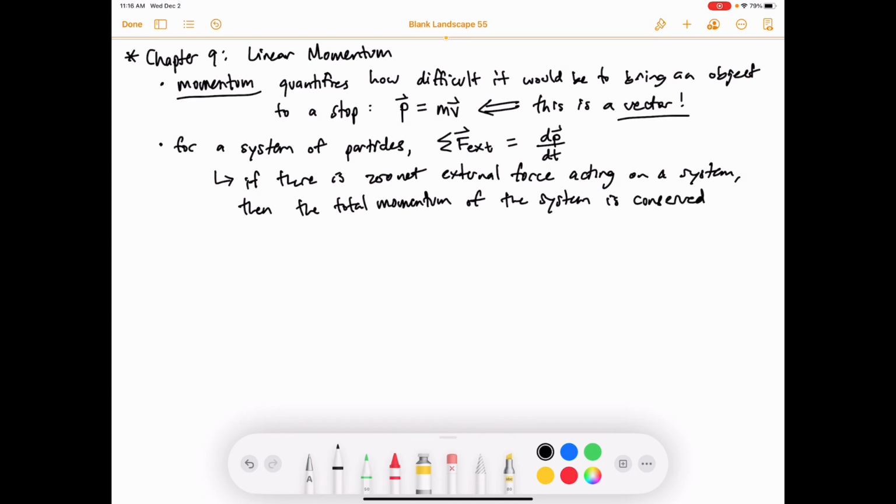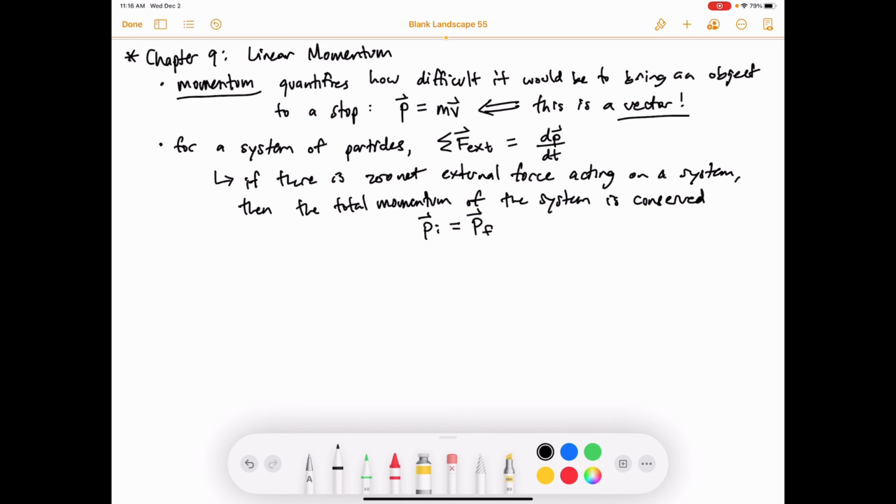Okay, so this is the idea of conservation of momentum. And we typically just write this as p initial equals p final. The total momentum of the system in the initial state equals the total momentum in the final state.